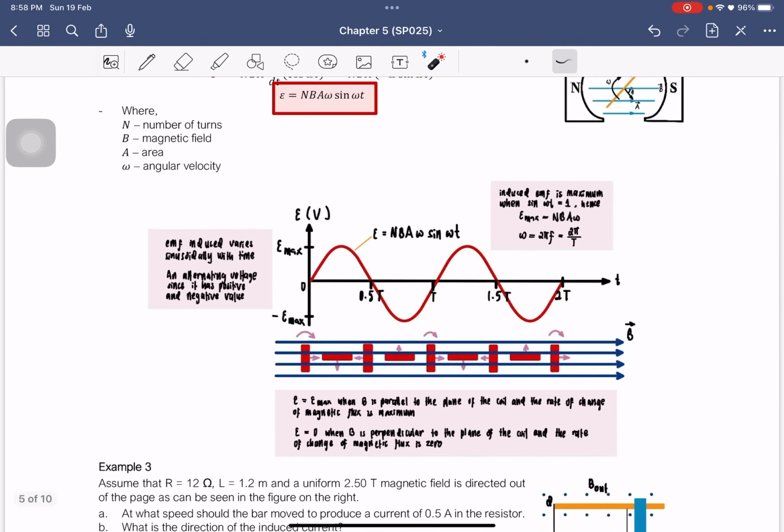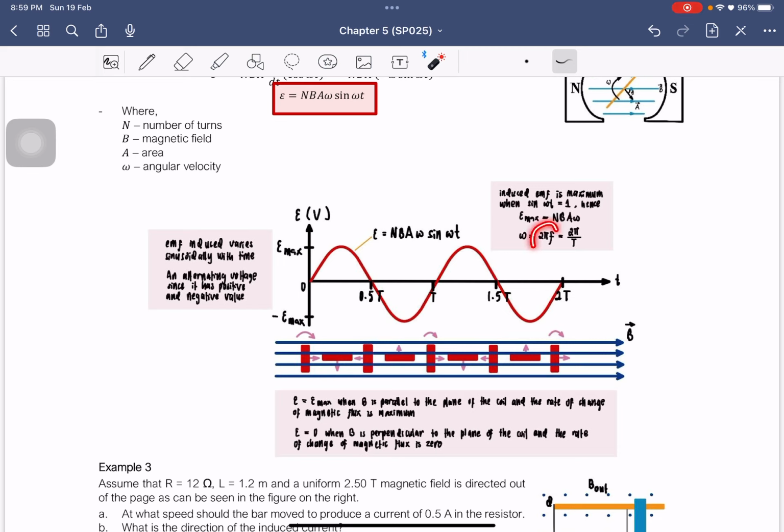Okay, so this is basically a sine graph. So the EMF induced varies sinusoidally with time. So this is an alternating voltage, because it has positive and negative values. So induced EMF will be maximum when sine omega t is equal to 1. Hence, for the maximum EMF we can use this equation here, right?